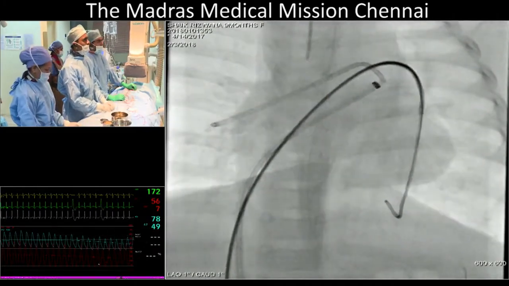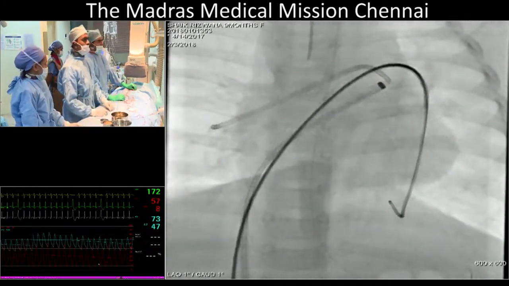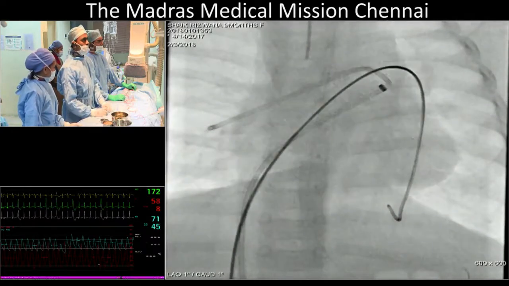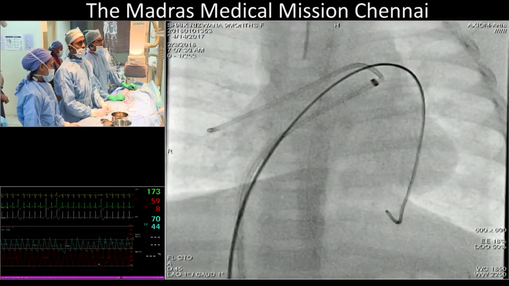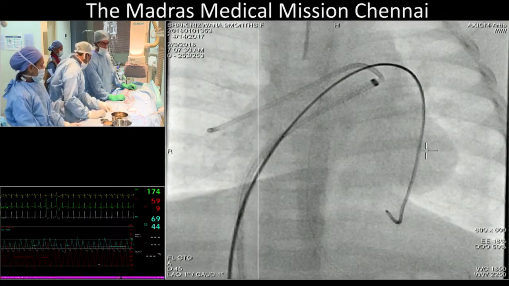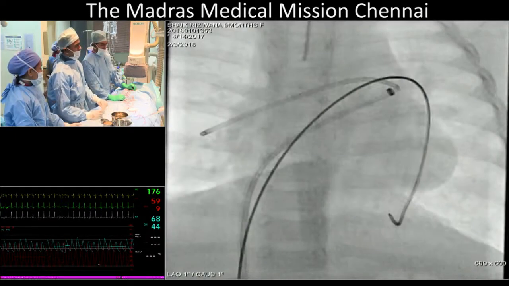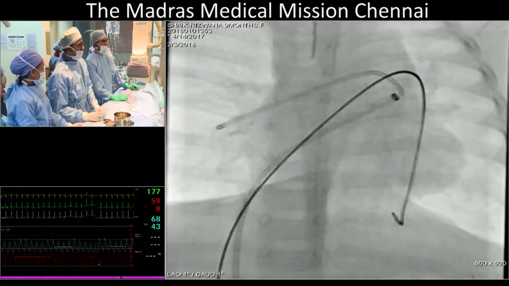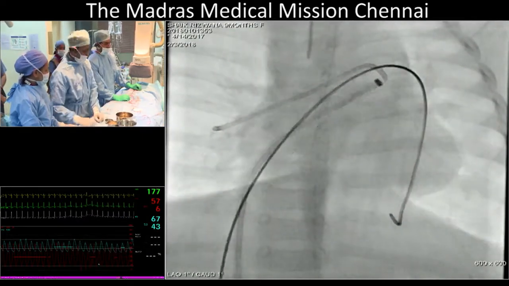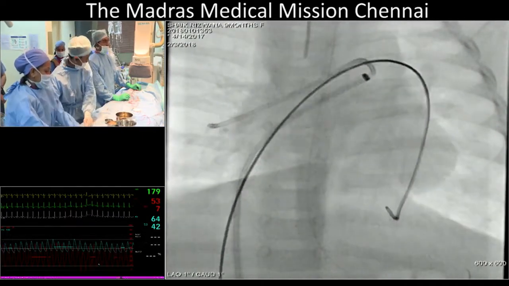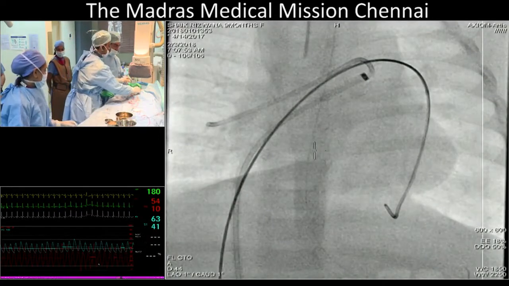And you've got a reasonable result already, because your RV pressure is now subsystemic, which was systemic before, around 10 less. So we will address the left also right now. So can we come back to you in a little while again?